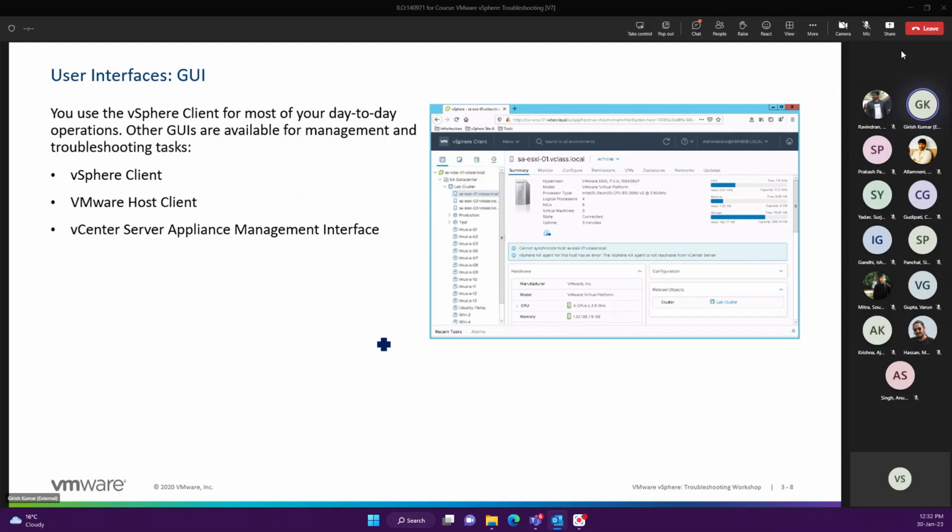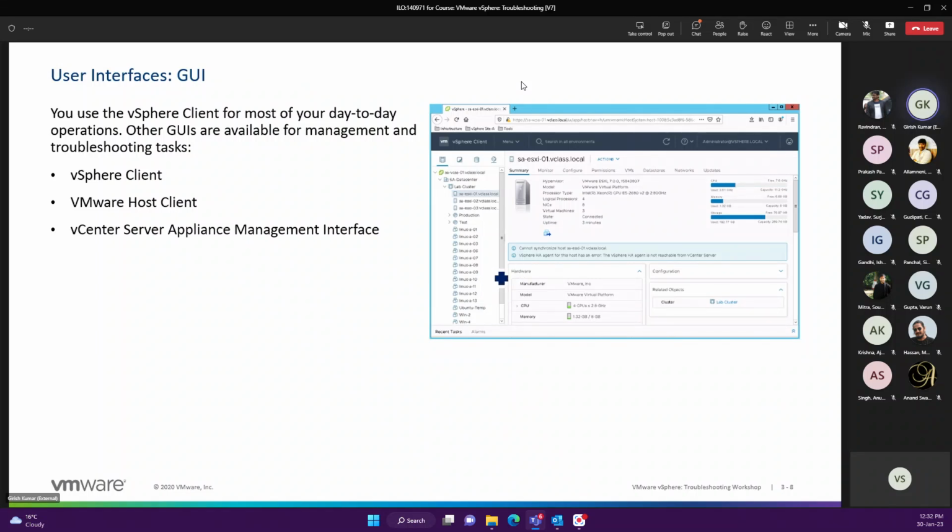And this is your vSphere Client GUI interface. I hope everyone is comfortable with it. For day-to-day management, we use this, specifically when you are going to create something, manage something, or even troubleshoot something.